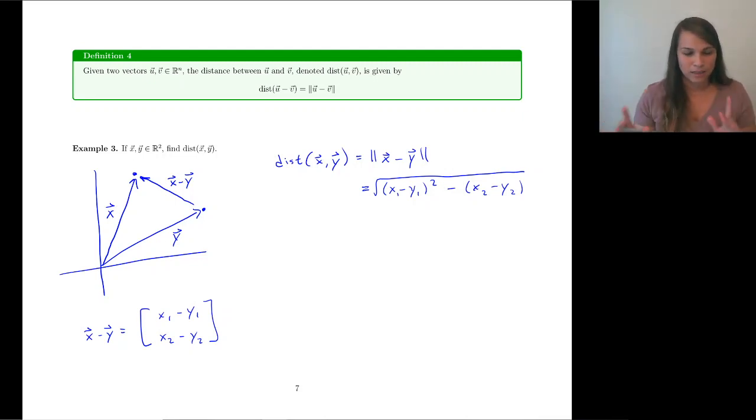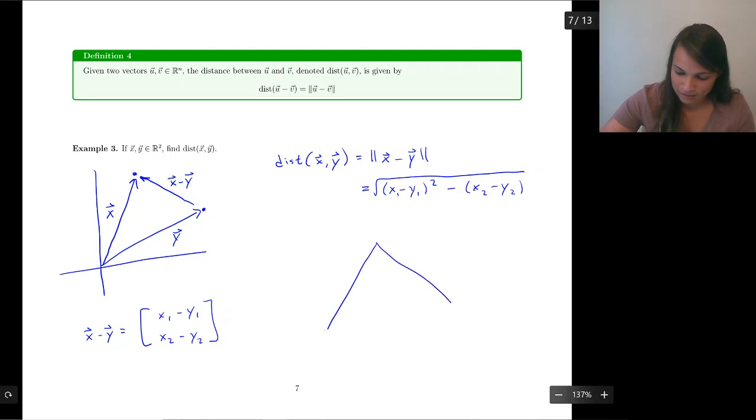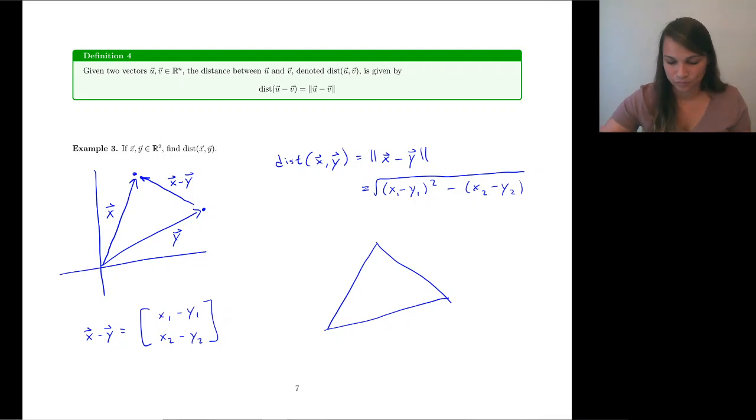But this brings us to something interesting. Remember, the distance formula worked because of right triangle things. Remember, the distance formula was related to the Pythagorean theorem.